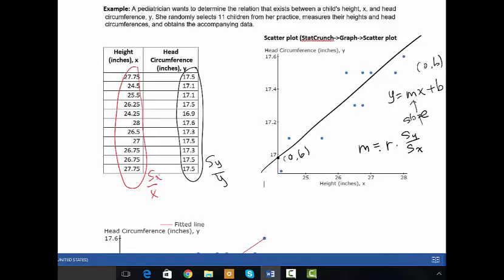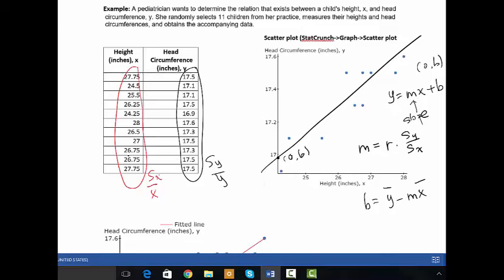To find the y-intercept, the formula is y bar minus m times x bar. Y bar is the mean of your second column, the average of the head circumferences. M is the slope we just found, and x bar is the mean of your first column, the average of the heights.